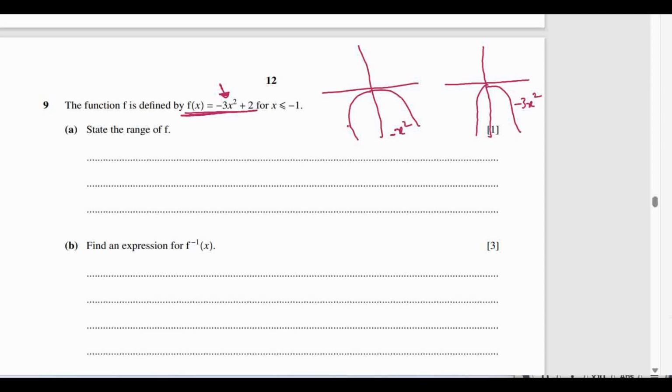Now as we can see that this +2 means this is the vertical shift. Okay, vertical shift means that the graph will be like this, that the same parabola will be vertically shifted 2 units.